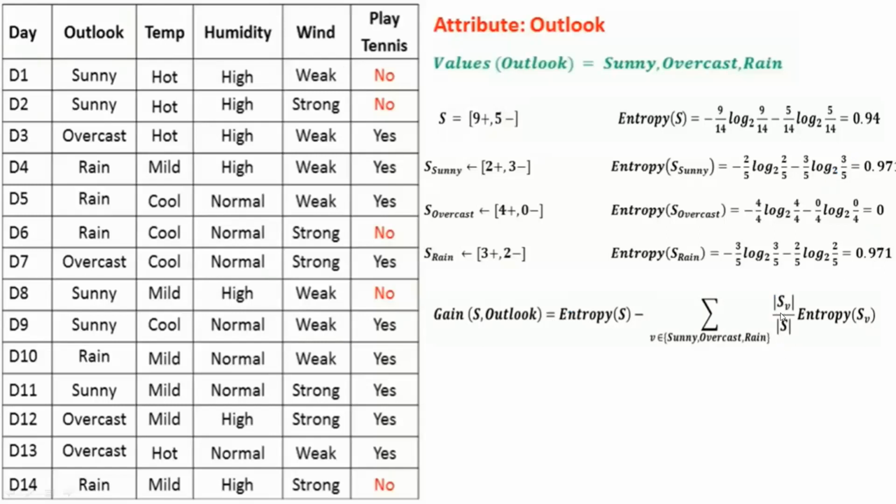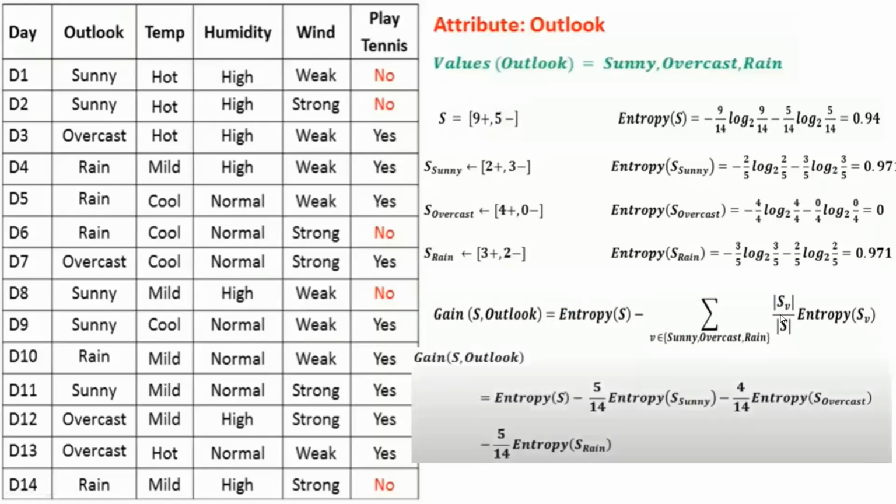If you expand it like this, entropy of S minus 5 by 14, which means out of 14, 5 are sunny. Out of 14, 4 are overcast. Out of 14, 5 are rainy, times entropy of rain.